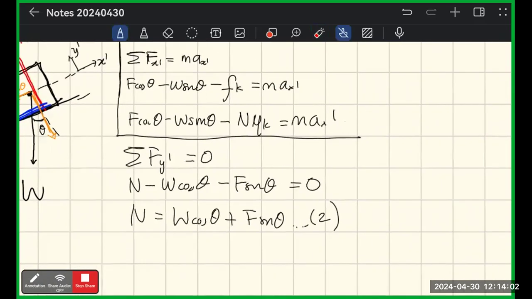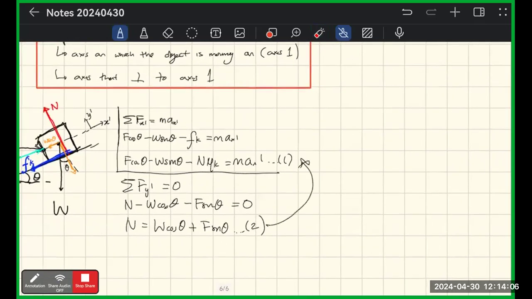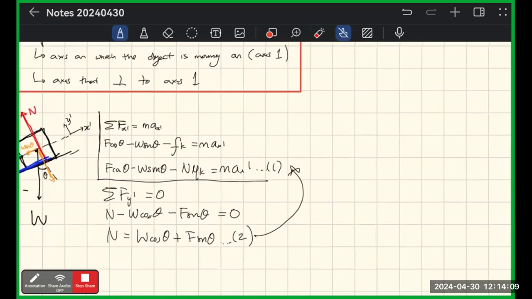And this is equation 1, right? So you just plug equation 2 into equation 1, the N, the normal force, so that you have F cos theta minus W sine theta minus mu k times N, where N is W cos theta plus F sine theta, equals ma x prime.